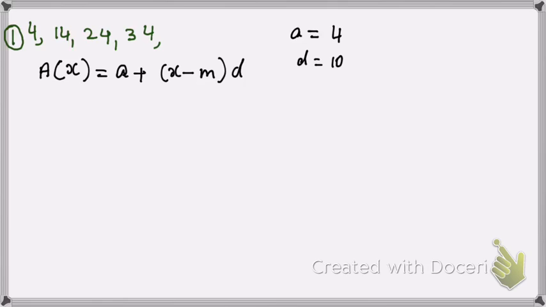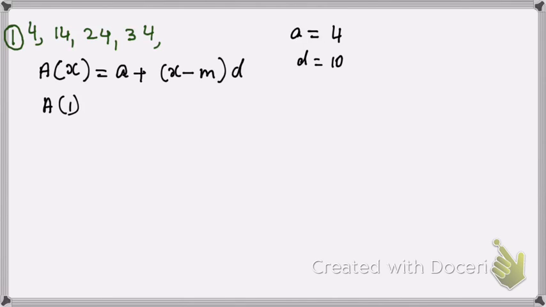And there's an easy way to find the value of m. So let's find a of 1. You know what a of 1 already is, right? It's 4. So in order to find the value of m, we can find the value of a of 1 first, because we already know it.